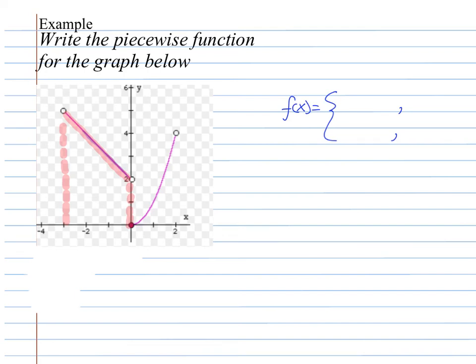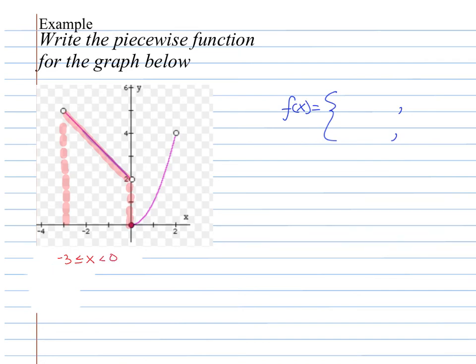So that means that one has a restriction. So I know it is from -3 less than or equal to x less, not equal, sorry, than 0.